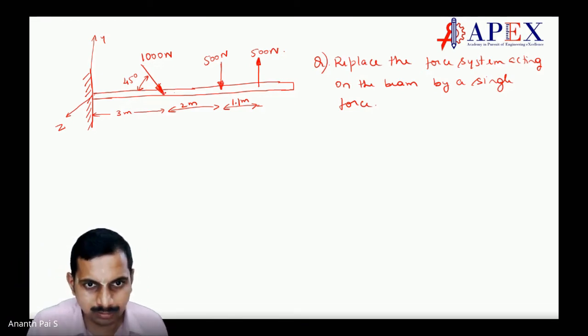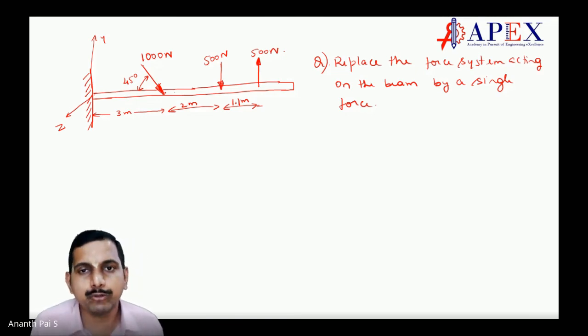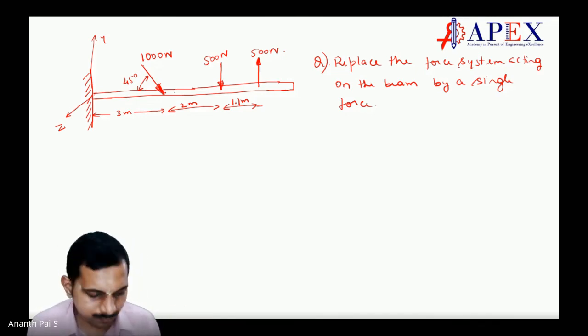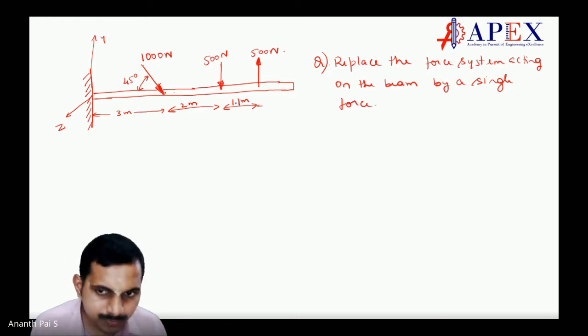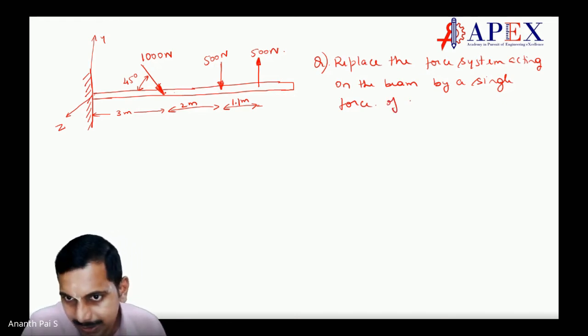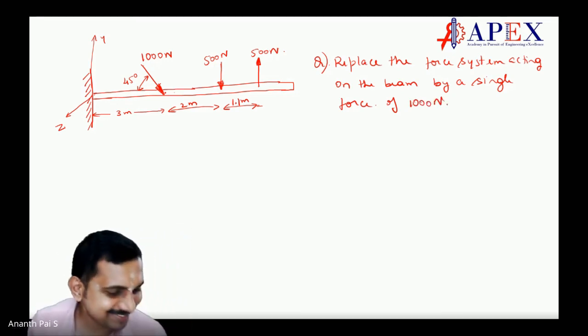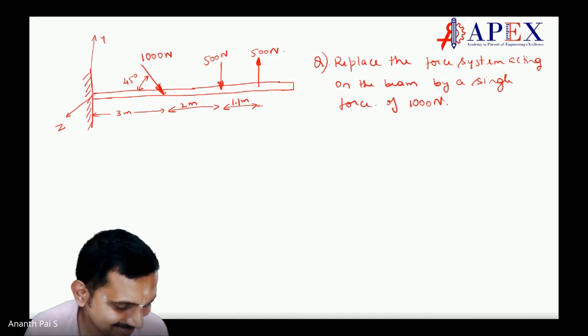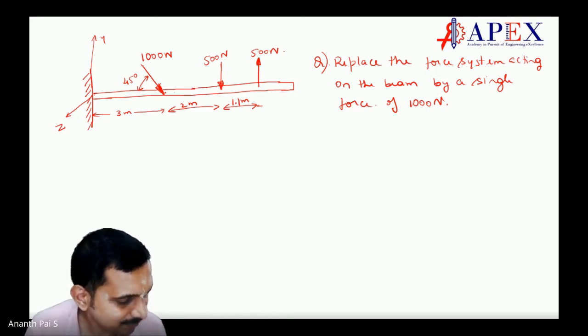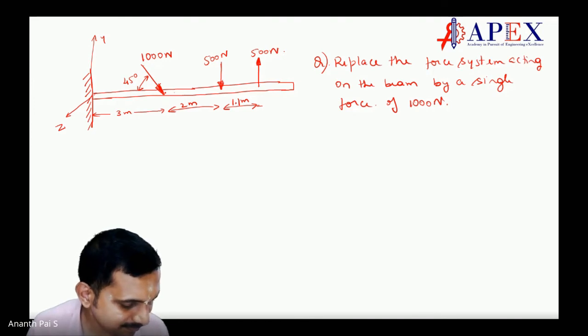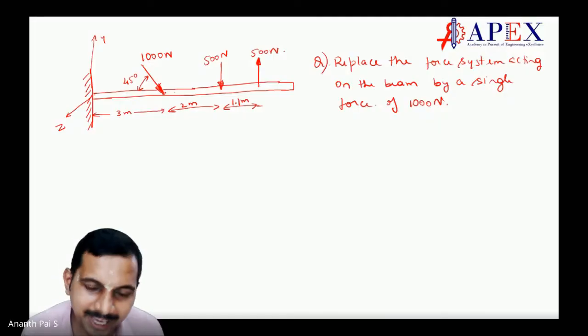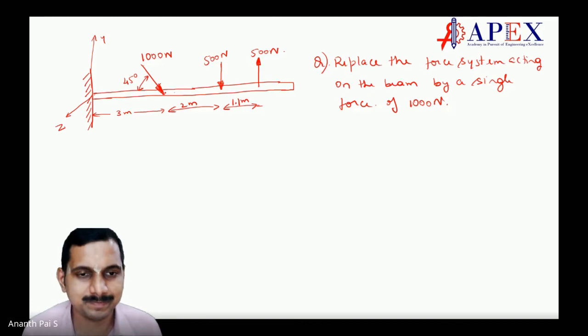So these various forces are there. We have to put it as a single force. Can we do that? Let us replace this by a single force of 1000 Newton, anywhere.